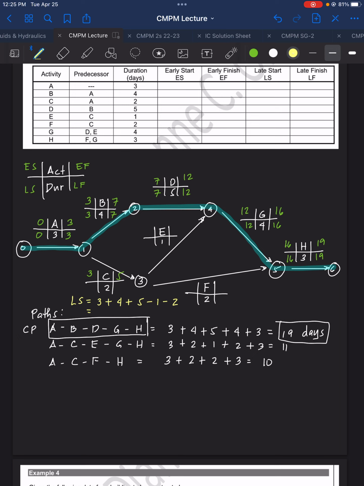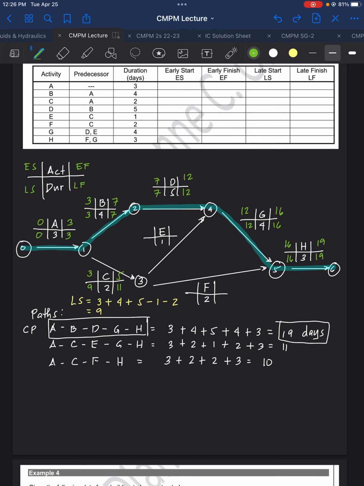So that is 9 days. So we will put here now 9 as the late start. And then late start plus the duration 2, so that will be 11. So look at this. We were able to complete now activity C.